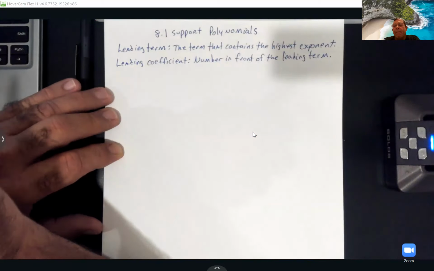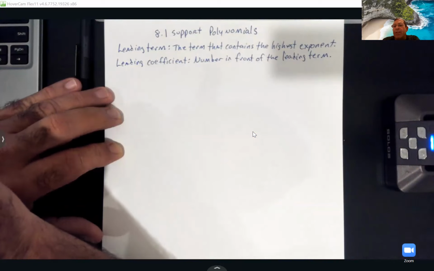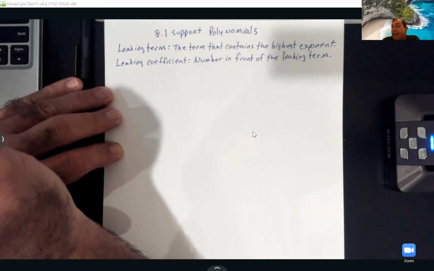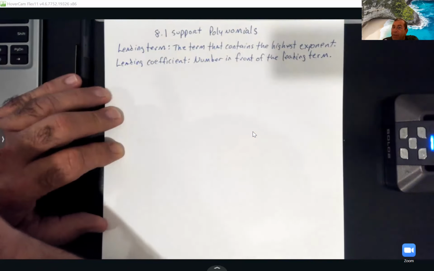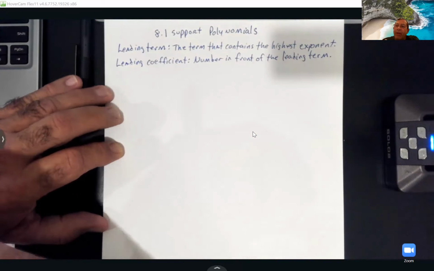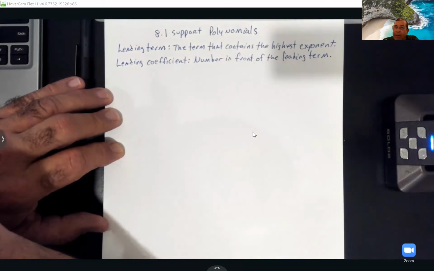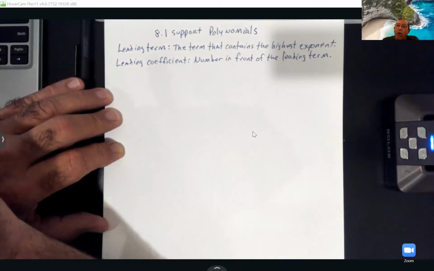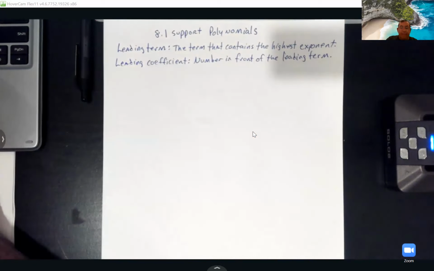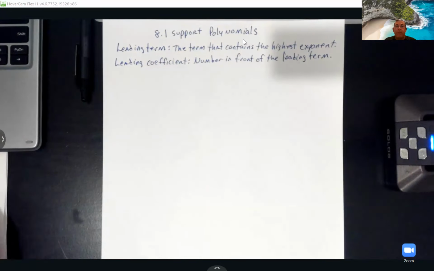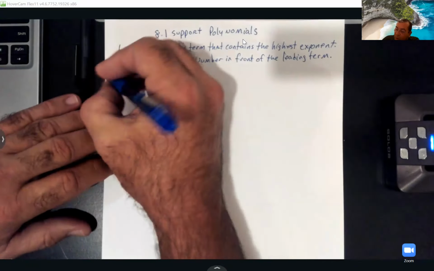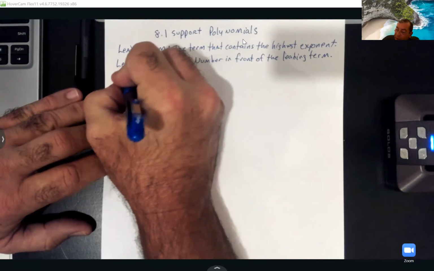Now remember, if your leading term is something like x to the fifth, and there's not a number in front of it, we always treat that number like a 1, okay? So that would be like a 1x to the fifth. All right, y'all, and then the next word we learn is the degree.